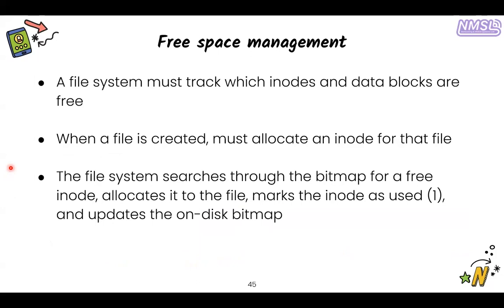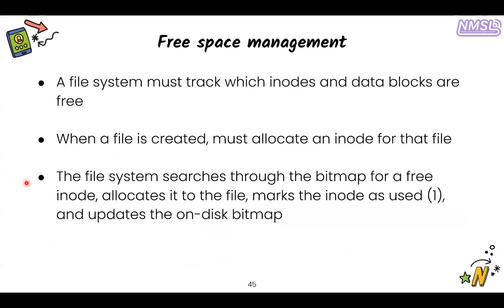So when you read, write, create, delete, and all that stuff, there's free space and you want to manage it, right? So you need to track which inodes and data blocks are free to use. Because when you're creating a new file, you have to decide which to use.